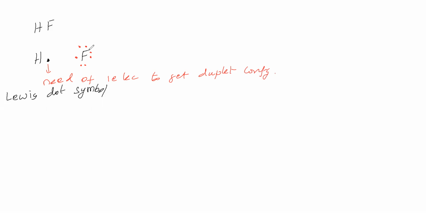This fluorine is in need of one electron to get the octet configuration, because 7 electrons are there in the outermost shell. So both are in need of one electron each.